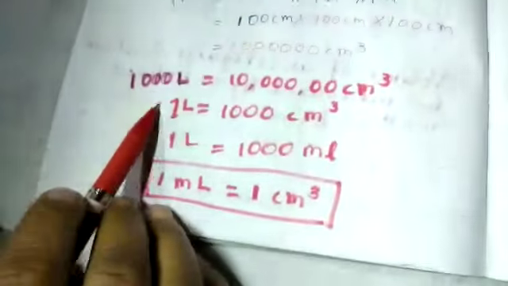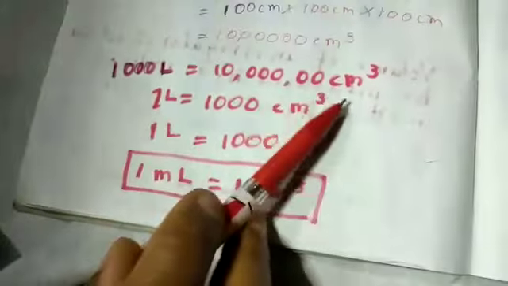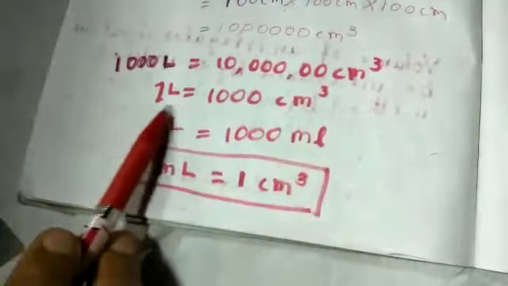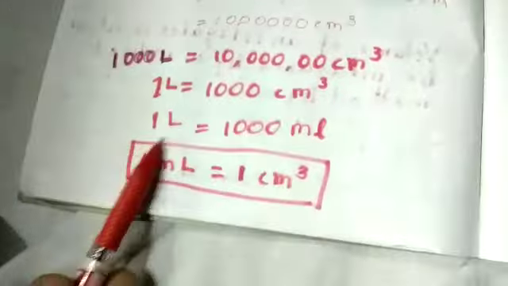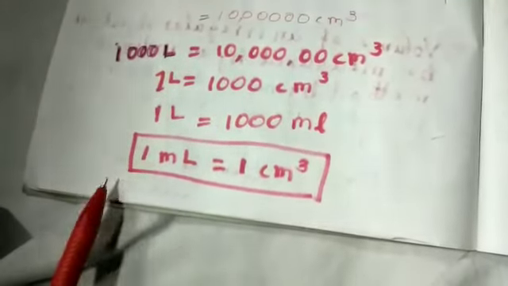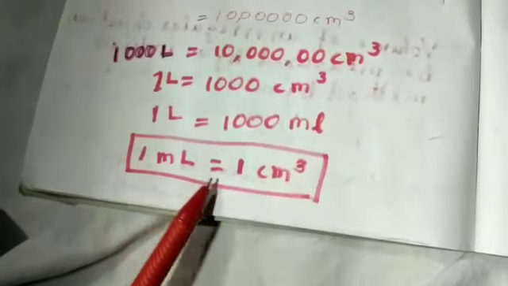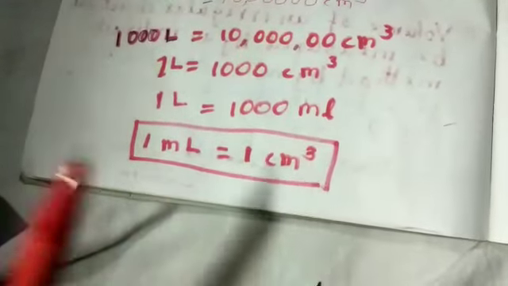So 1000 liter equals 10 lakh centimeter cube, or 1 liter equals 1000 cm cube. So 1 liter equals 1000 milliliter, so 1 milliliter equals 1 centimeter cube.